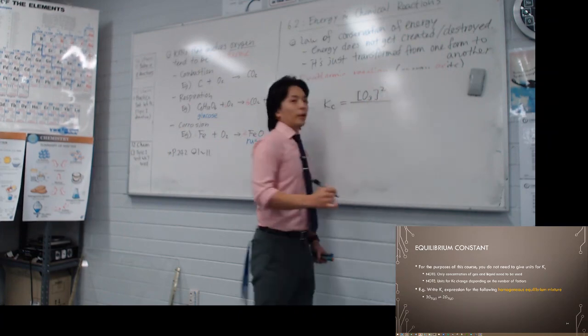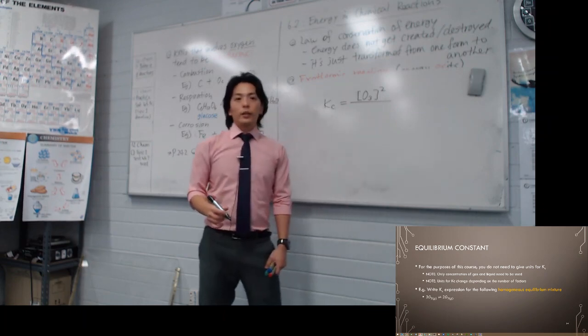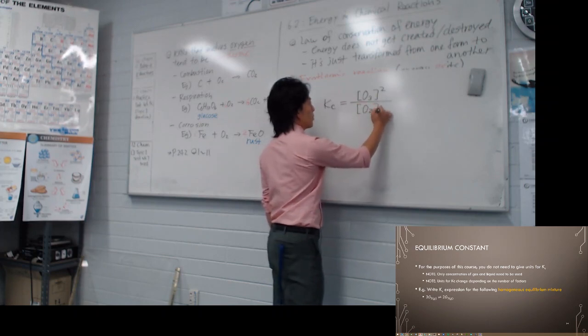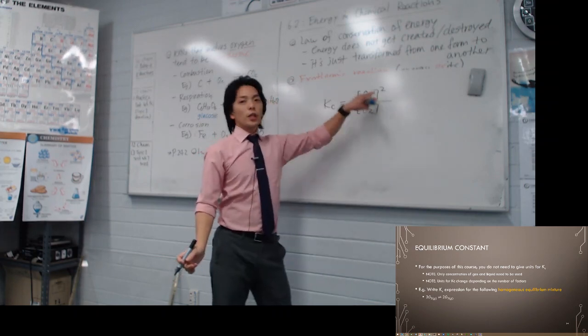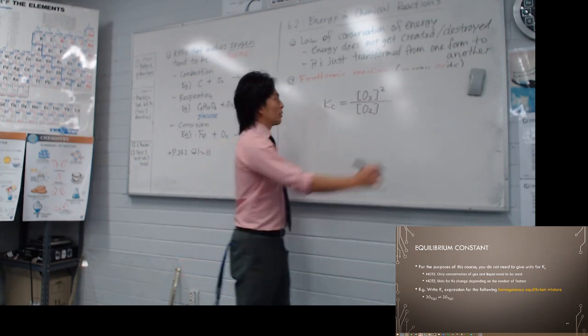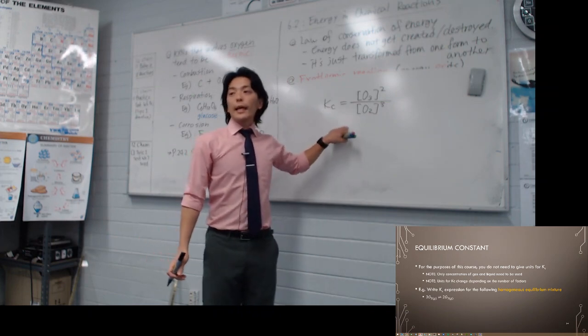That's going to be an exponent. And you do the same for the reactant. You would have the species, which is O2, and we are dealing with the concentration of O2. And what's the coefficient? Done. So that's how you show the Kc expression.